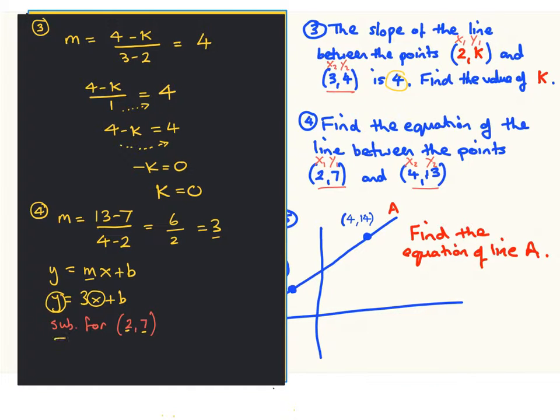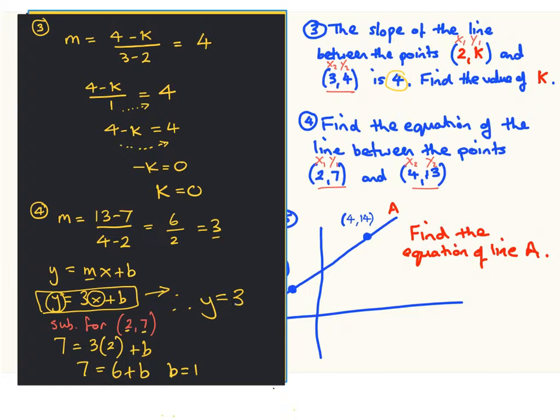And therefore we get 7 equals 3 times 2, because the x is 2, plus b. 7 equals 6 plus b. Subtract 6 and b equals 1. Therefore our final answer is, it goes back into here, y equals 3x plus b, where b is 1.